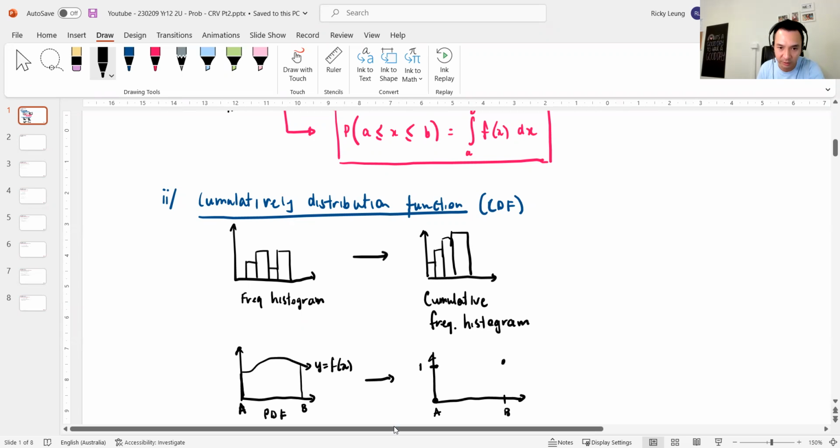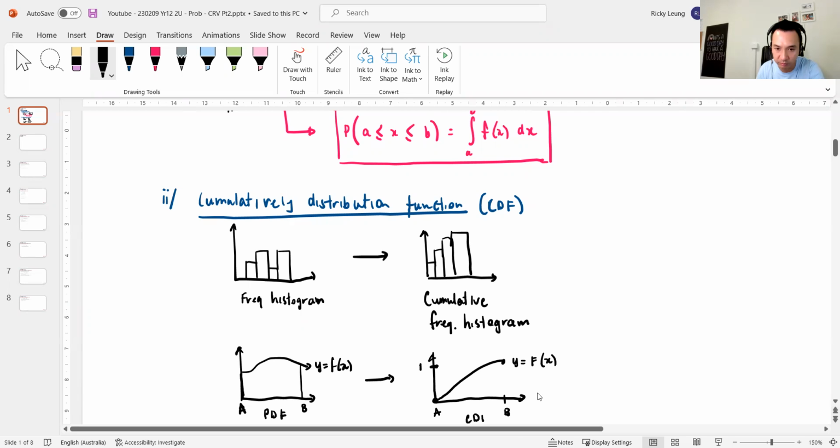This graph basically represents the growth. If it grows slower, it probably looks like that, but overall it should hit 1 by the time it reaches B. So this is y equals capital F(x), the cumulative frequency.